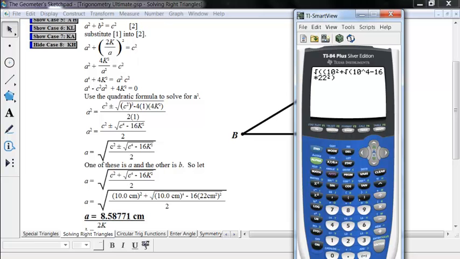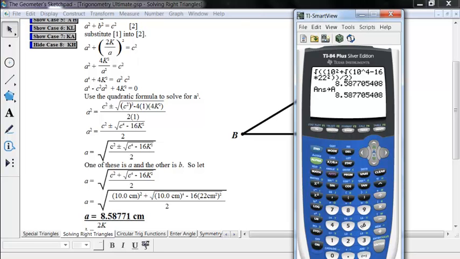That's closing the square root. Now we close the numerator, divide by 2, and close the outer square root. So we get 8.58771 centimeters for A. I don't know if we need this again or not, but let's store that as A.